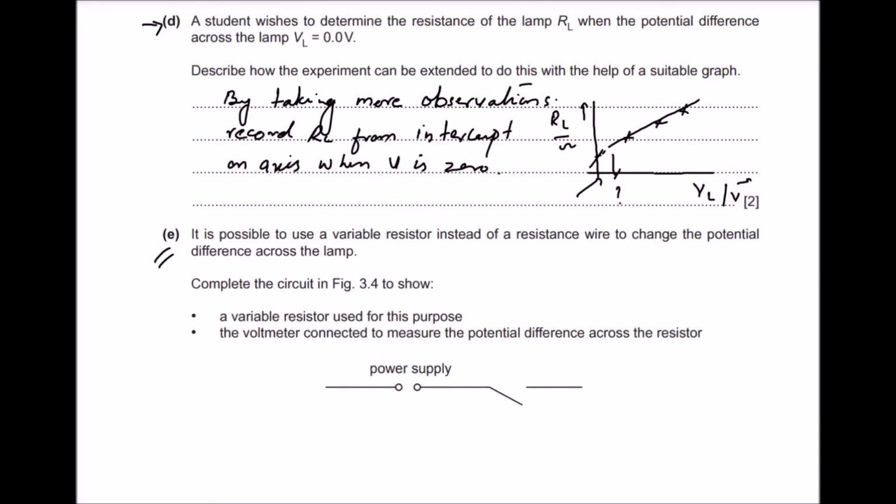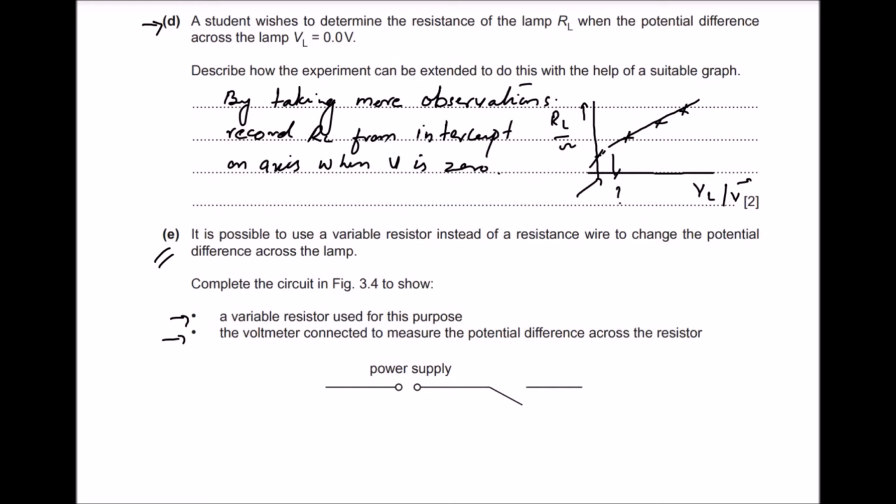Part C. It is possible to use a variable resistor instead of a resistance Y to change the potential difference across the lamp. Complete the circuit 3.4 to show a variable resistor used for this purpose. The voltmeter is connected to measure the potential difference across the resistor.